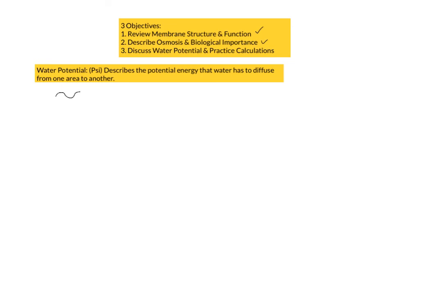So psi, which looks like a trident, I think of like Poseidon, think of water, Poseidon, can be calculated with two factors. So psi for a water molecule in a particular situation is going to be calculated by adding the solute potential, which is represented by psi subscript s, and the pressure potential, psi subscript p.